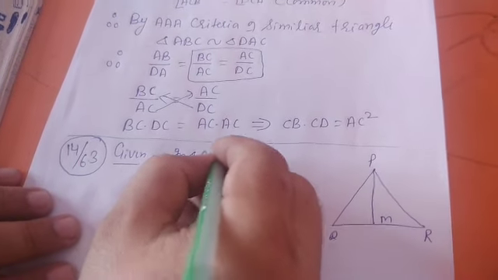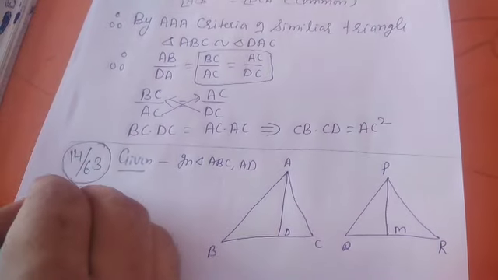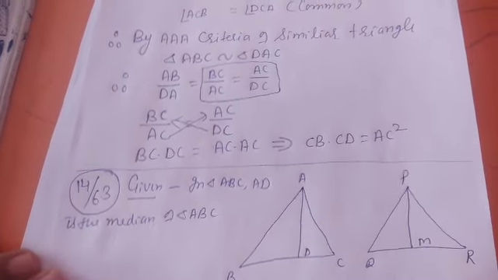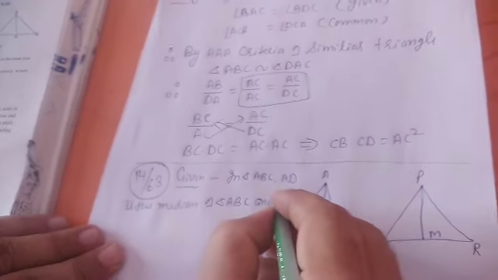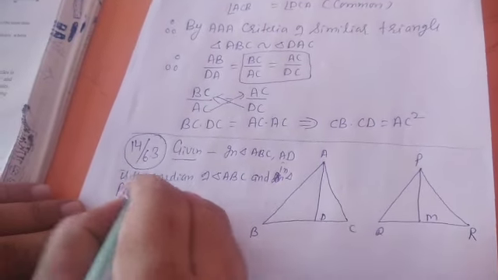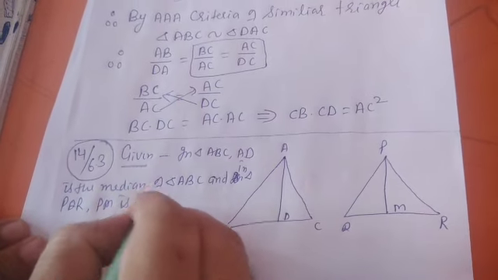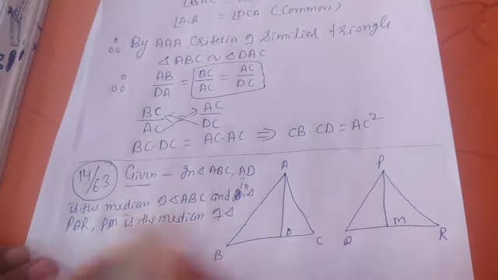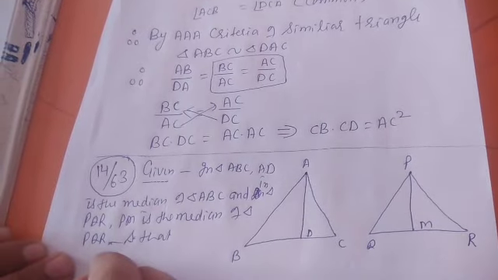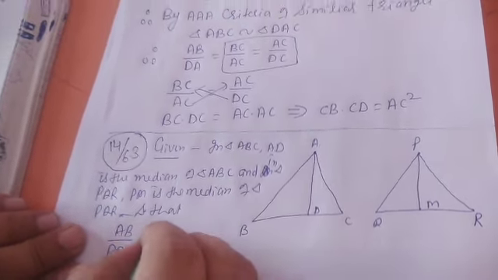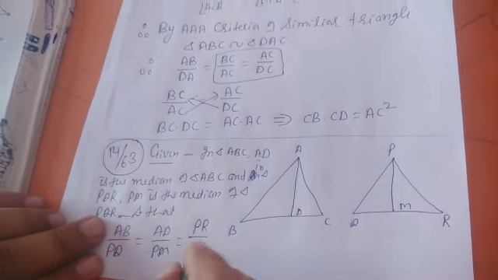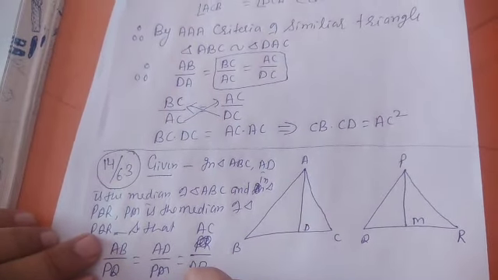In triangle ABC, AD is the median of triangle ABC, and in triangle PQR, PM is the median of triangle PQR such that AB by PQ is equal to AD by PM is equal to AC by PR.